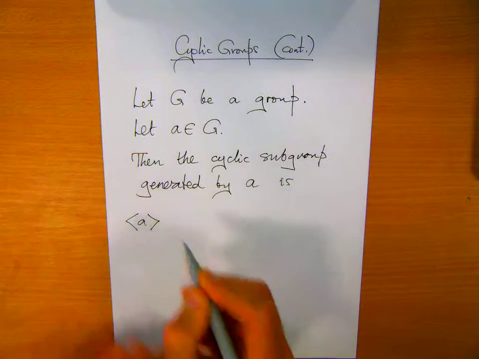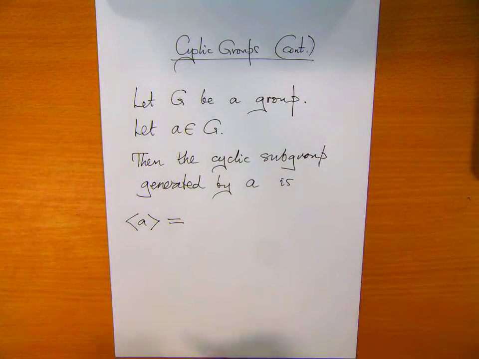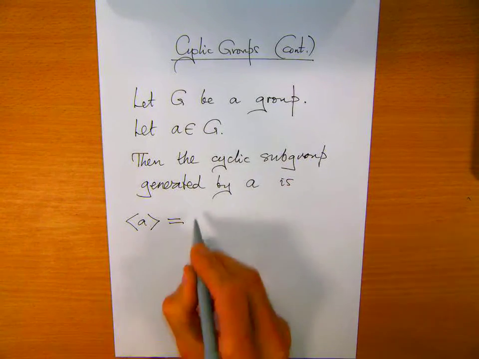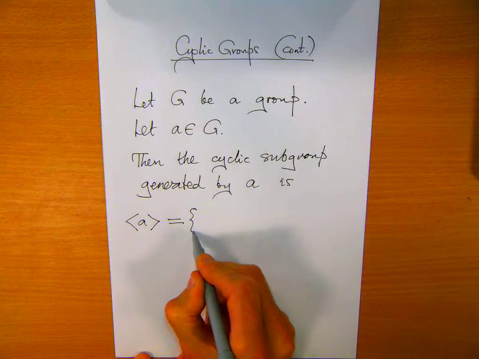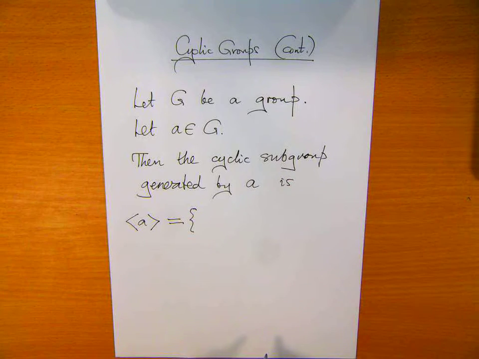So we use this pointed bracket notation, pointed brackets A. I'll write this down in two ways. First, using slightly sloppy notation, which is acceptable but slightly sloppy. I think I mentioned this in at least one of the tutorials yesterday. And then I'll write it down in more precise notation.